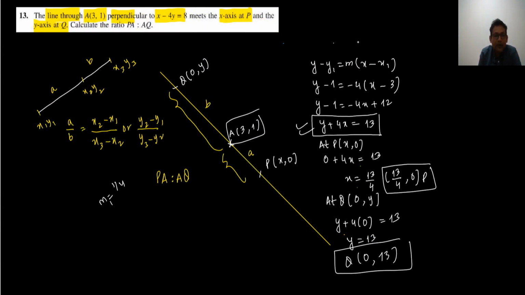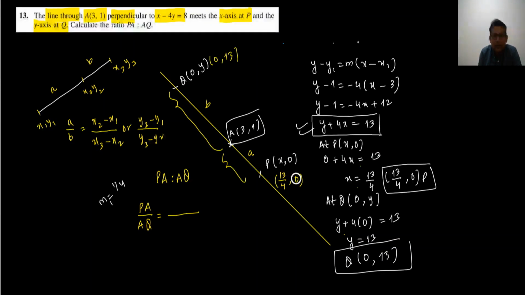We can suppose P absolutely. So PA divided by AQ, and you can use either x or y, it is up to you. I can use the value of y, so I will write y2 minus y1. You can take the value of y here. P is 13 upon 4 comma 0, and q is 0 comma 13.